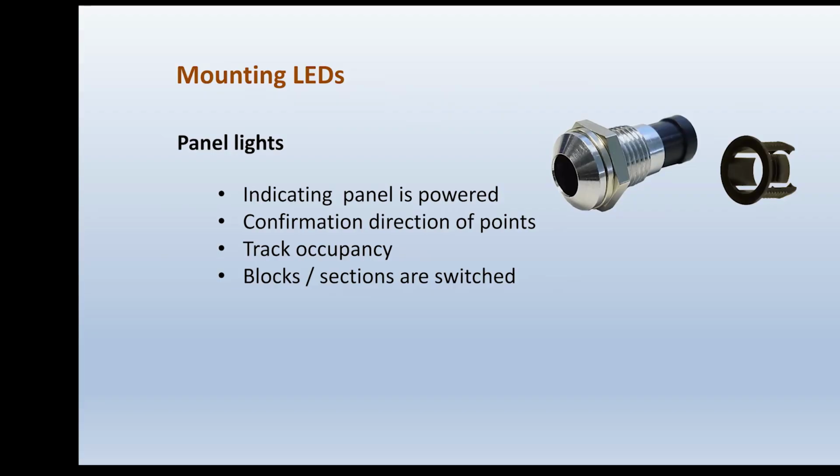In my layout, I simply drill a hole and push fit a LED through them, but you can buy proper mounting pieces, either in plastic or in metal. The metal ones give the more professional finish, cost a bit more, of course. And again, they can let you know lots of information.